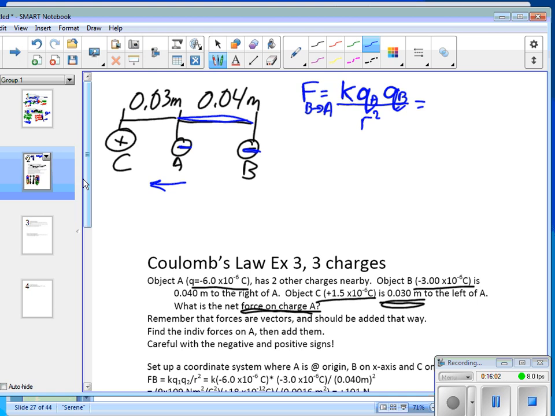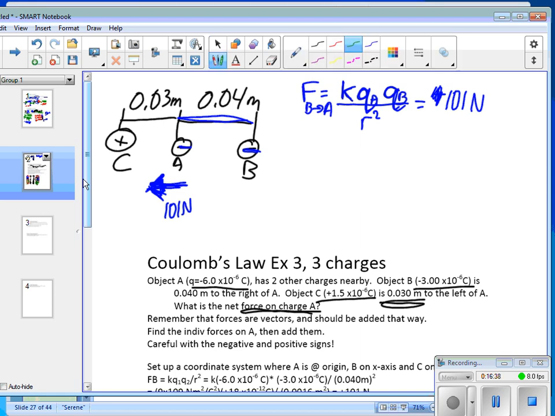I tap that into my calculator, and I end up with positive 101 newtons. I got a positive, and I immediately get rid of this positive sign because I don't want it. It just means we're repelling, and it might confuse us even more, because notice what I drew out earlier: it's a repelling force, going to the left. Anyhow, it's 101 newtons that way.